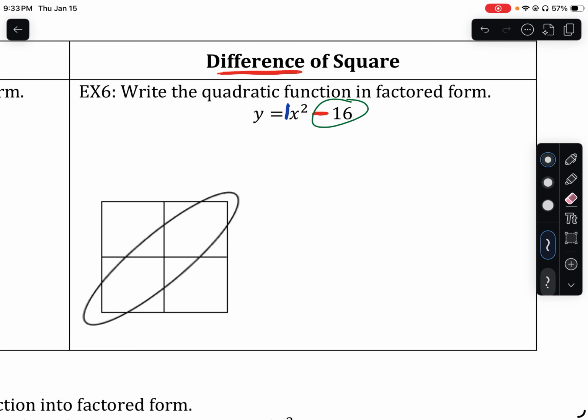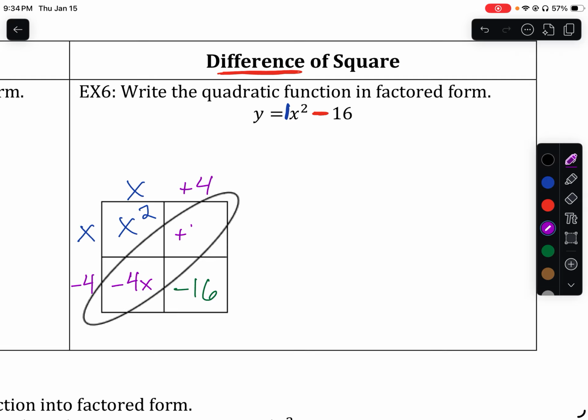Now, how this works is that I have my x squared and we have negative 16. Well, how do I make negative 16 if I think about it as a perfect square? I know that it has to be 4 and 4, but to make negative, one has to be a positive 4 and one has to be a negative 4. Because then I have negative 4x and positive 4x.